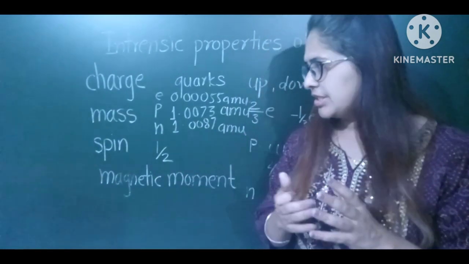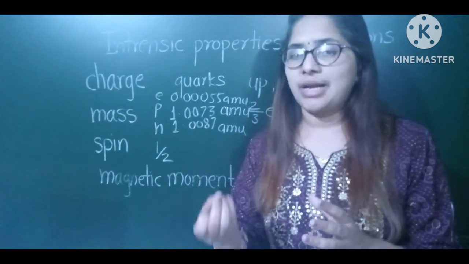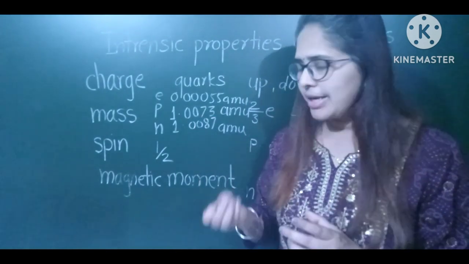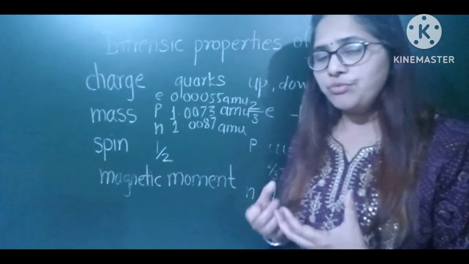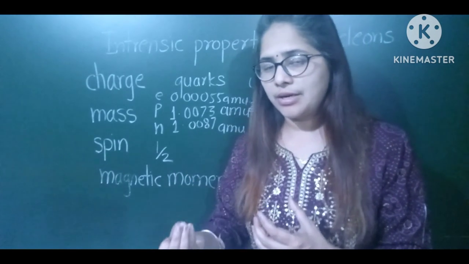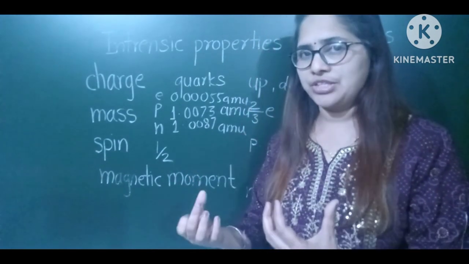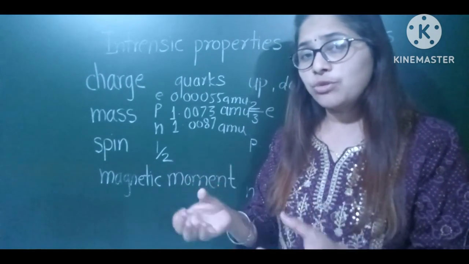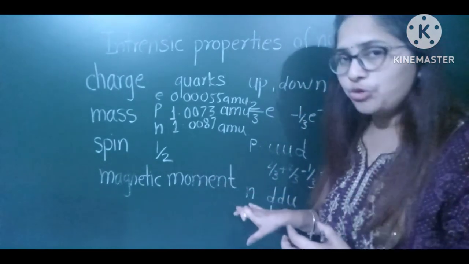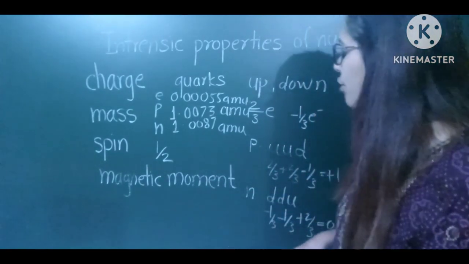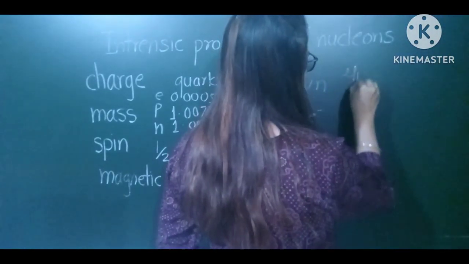Due to the motion of these charges, the nucleus also has some magnetic moment: the magnetic moment of the proton and the magnetic moment of the neutron. Now, in nuclear physics, the neutron is neutral, but it has fractional charges. So whenever there is a motion of these fractional charges, a magnetic field is produced for the neutron also. Let me write here the formula for the magnetic moment of the proton.